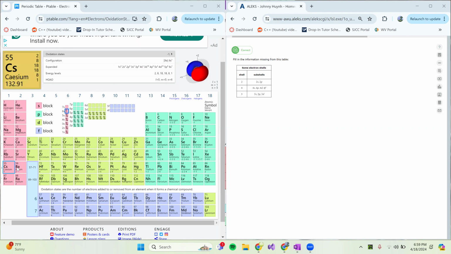Just know that as you get to the sixth one, you have to go down and include the 4f. And then you just continue back to the periodic table.